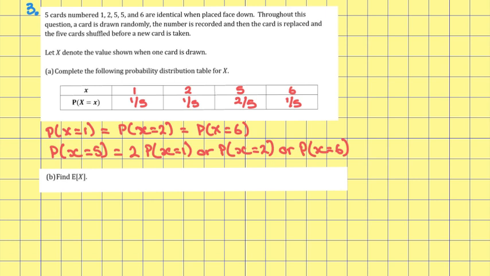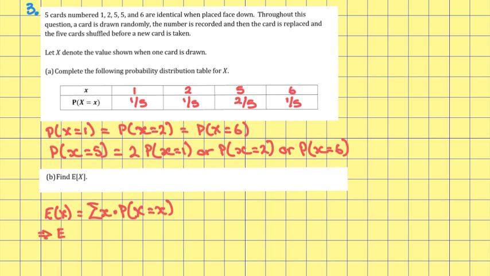Part B, find the expected value of X. Well, we know that the expected value of X is equal to the sum of X times the probability that X equals x.